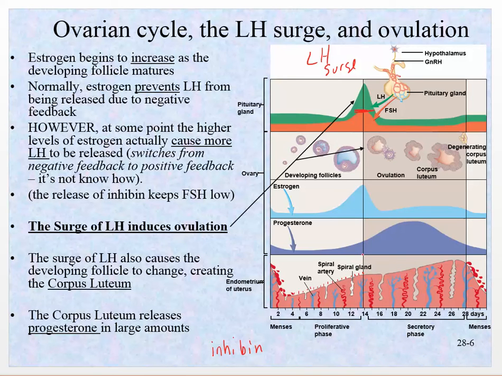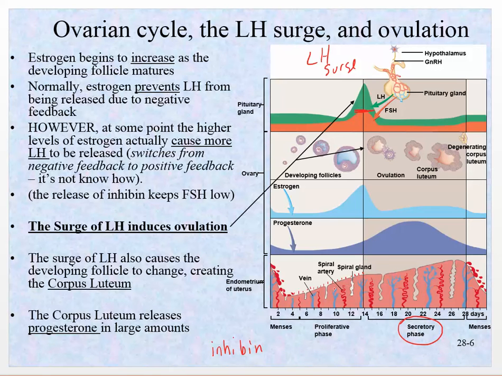After ovulation, so it's proliferating, we call that proliferating here. But after ovulation, it actually starts to secrete growth factors. It starts to secrete some hormones that we'll discuss, or we may not.